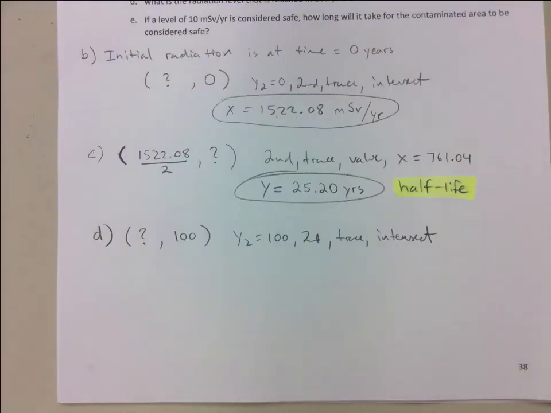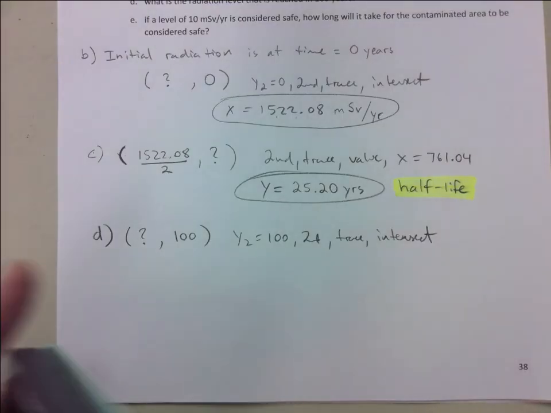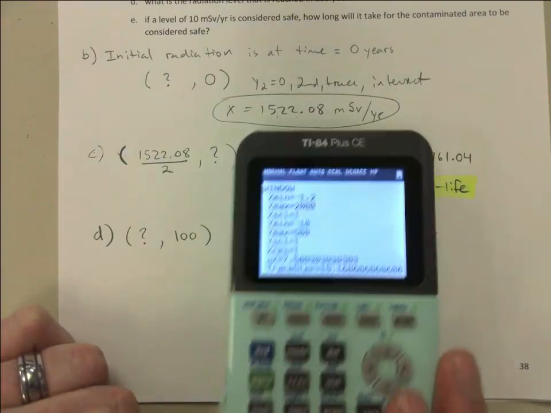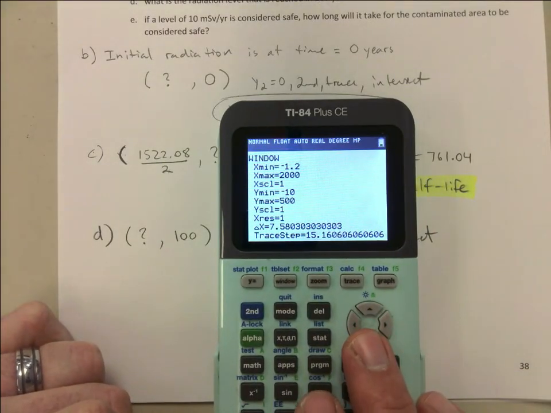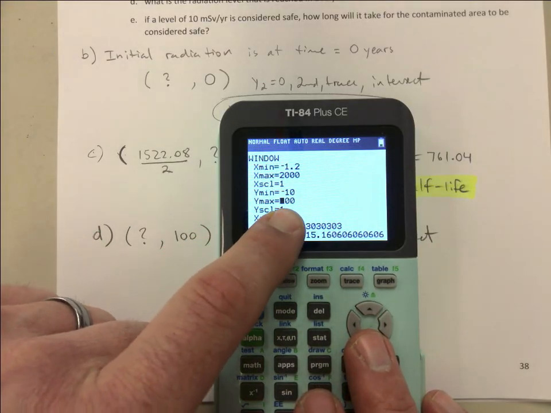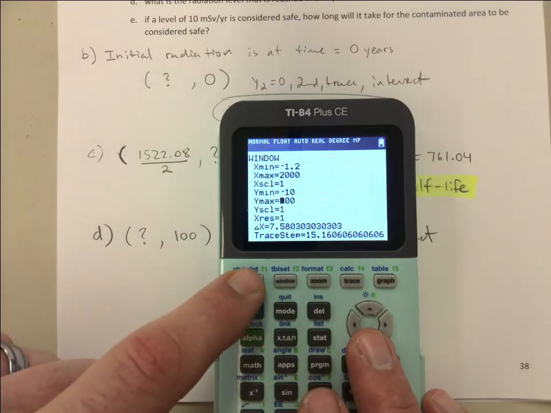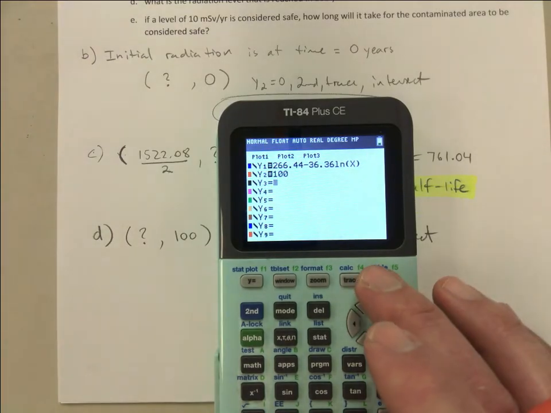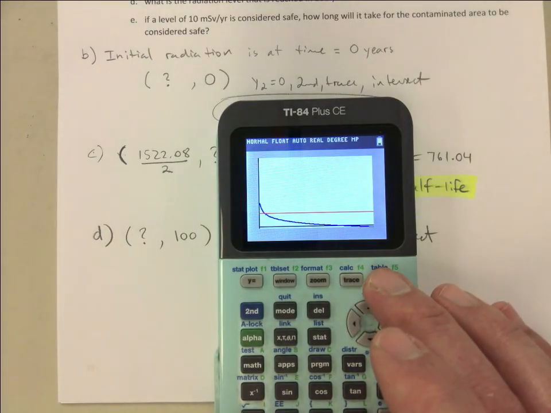It probably will require some window adjustments, okay? I'm going to check my window first. Sorry if I'm blocking. I'm going to look to my y max, and that's just fine. My y max is 500, so I can leave it as is. I'm going to go to y equals, turn that into 100, hit graph, boom.